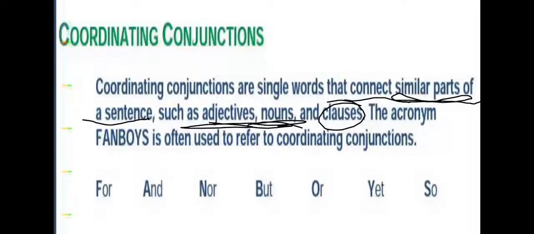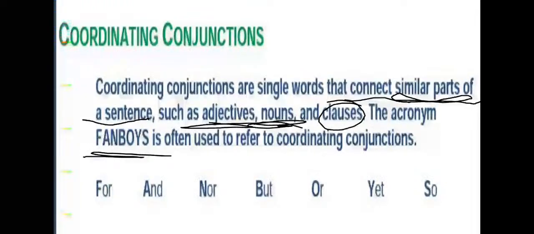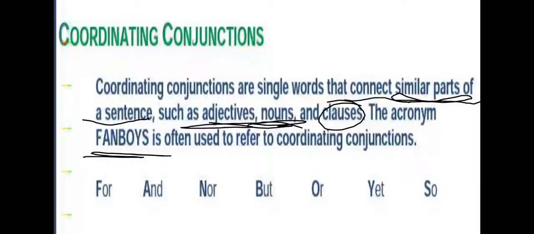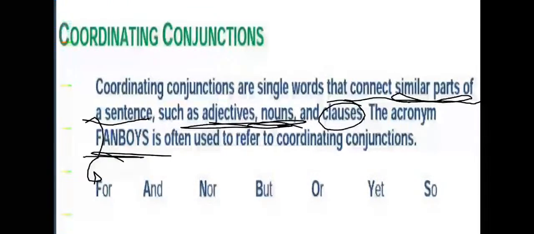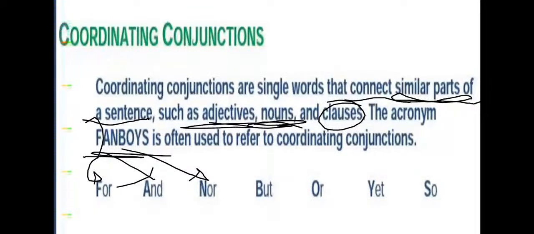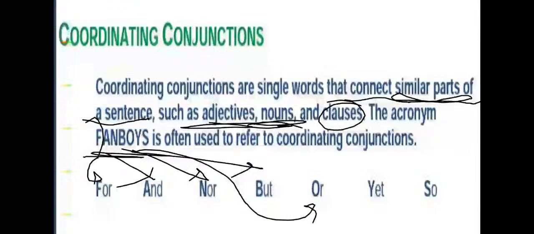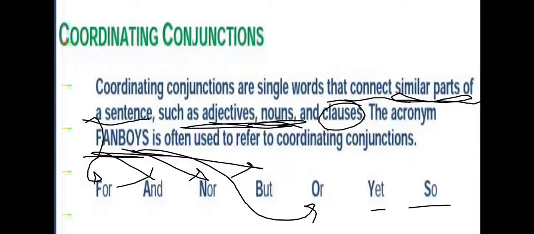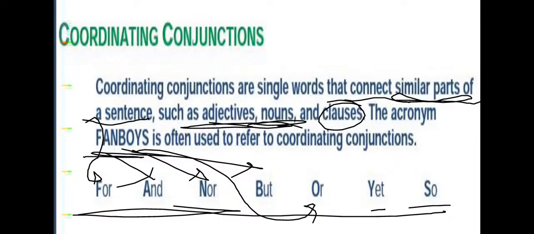We have a famous acronym for coordinating conjunctions. That is FANBOYS. This is totally followed worldwide, and is often used to refer to coordinating conjunctions. F means for, A means and, N means nor, B for boy, but, O for or, Y for yet, and S for so. FANBOYS.